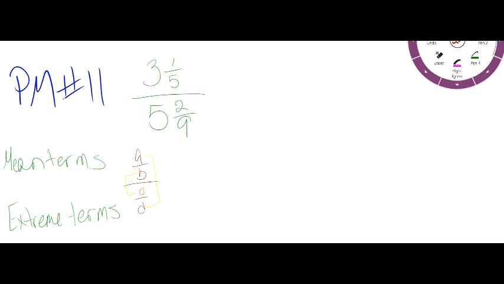Just like in section 10, we multiply our integer by our denominator. 3 times 5 is 15. We add our numerator, 15 plus 1, and that gives us 16/5.